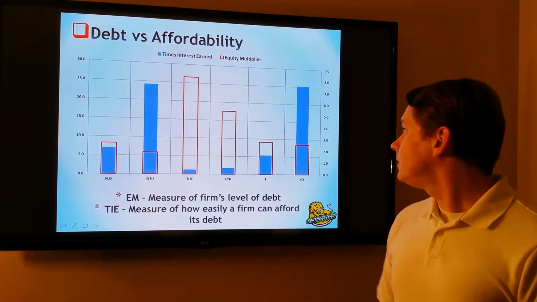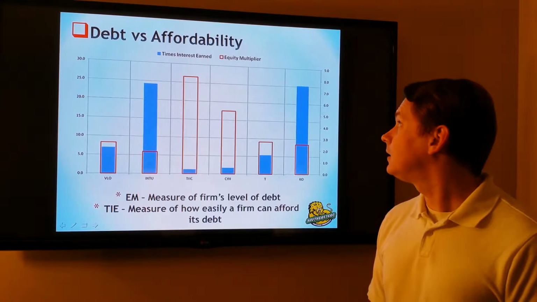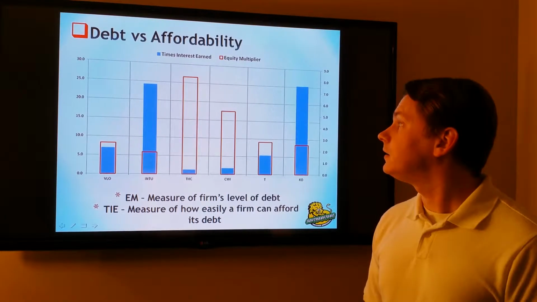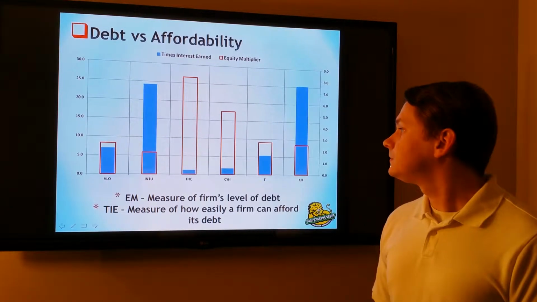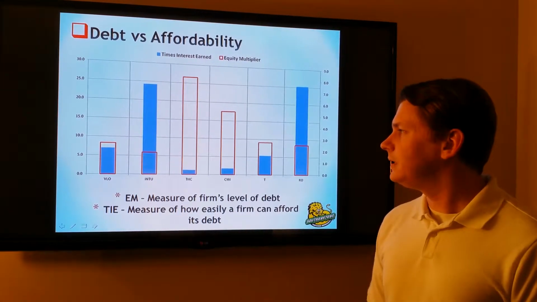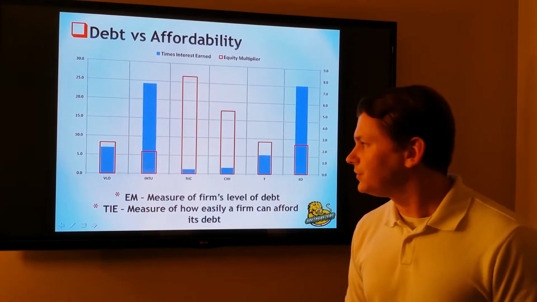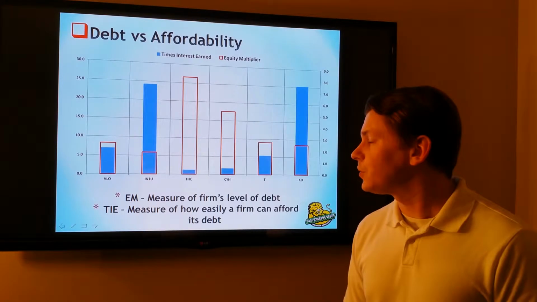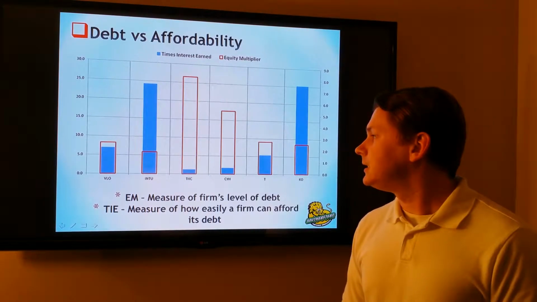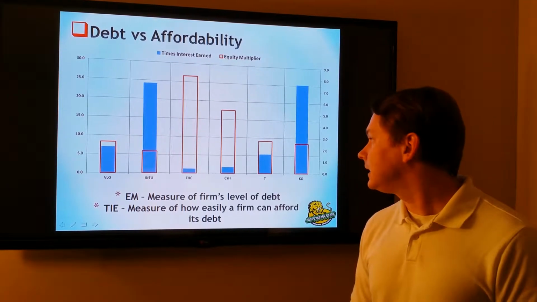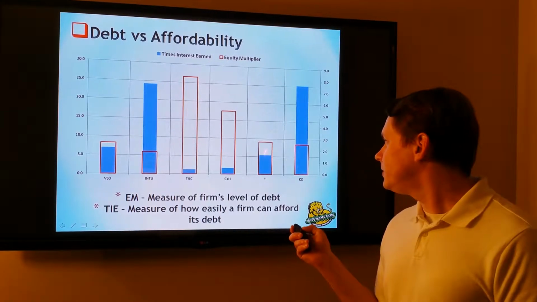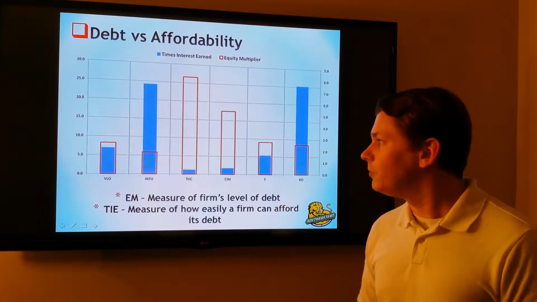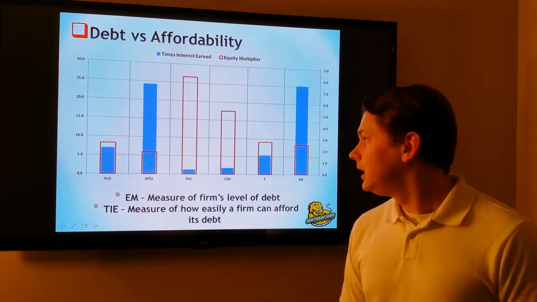Intuit and Coke both showed much higher ability to cover their interest payments. Valero underperformed just a little bit, but it didn't really cause that much concern. Their financials were very sound otherwise. Their revenues were high, their liquidity was adequate. So for me that wasn't a huge thing. AT&T was a little bit more concerning, but as we'll see later, they were able to offset my concern with their ability to afford their debt going forward.